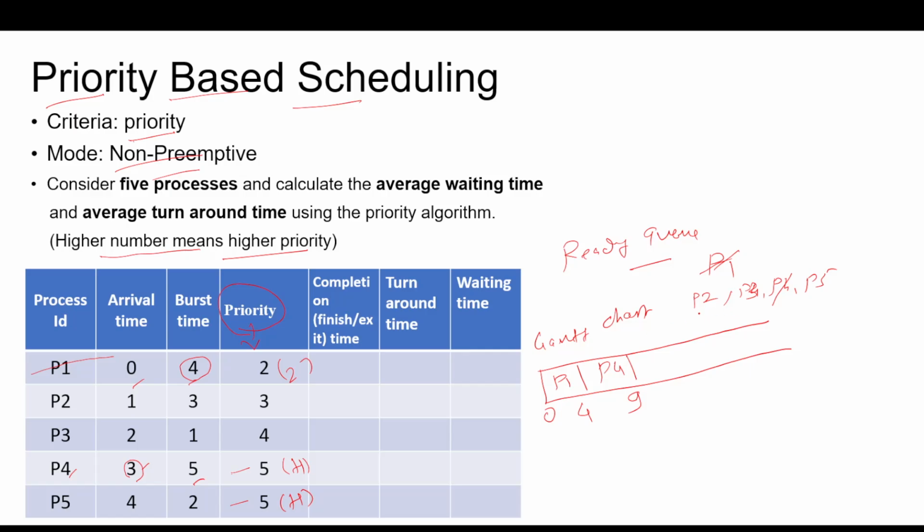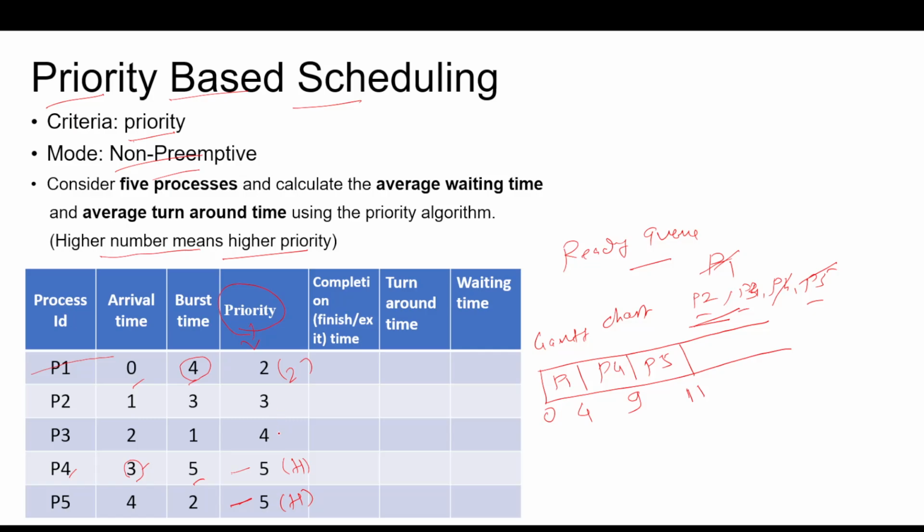Now we have P2, P3 and P5. Among P2, P3 and P5, which process has the highest priority? The last process, P5, has the highest priority. So we will execute P5 for 2 units: 9 plus 2 is 11. Now we have only P2 and P3.